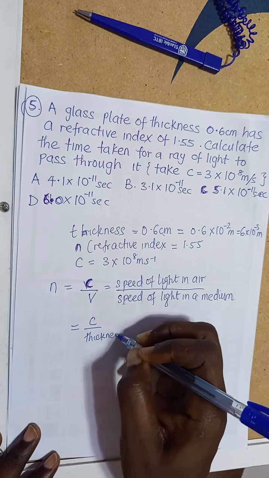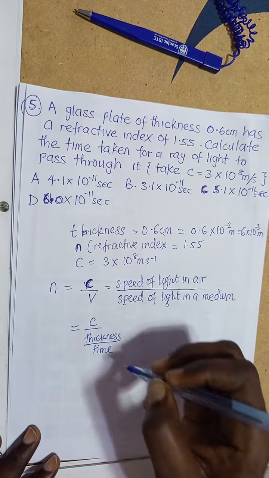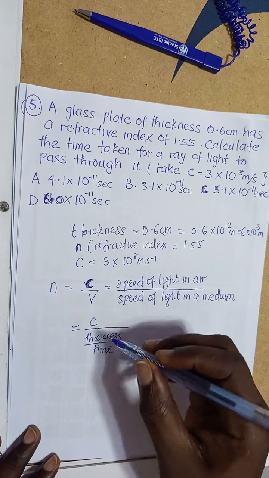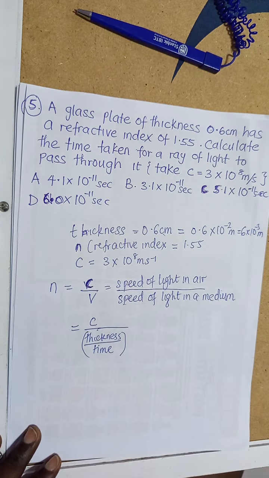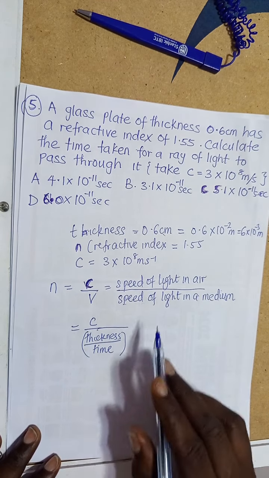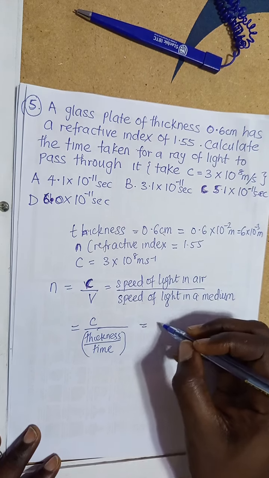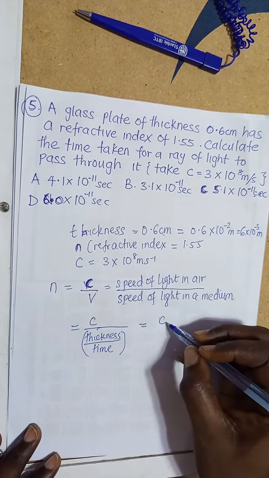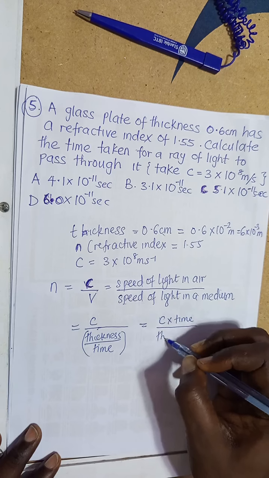Thickness divided by what? Time. Speed of light in a medium is thickness over time. So the time goes up as what? C times what? Time divided by what? Thickness.